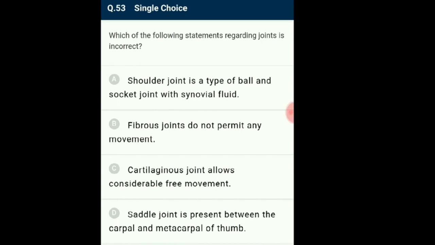Second one, synovial joints are freely movable joints with synovial fluid present between the bones. It is seen in the shoulder joint as a ball and socket joint as well as the saddle joint of the thumb. So the answer for this question is that cartilaginous joints allow considerably free movement. So this is the incorrect statement.